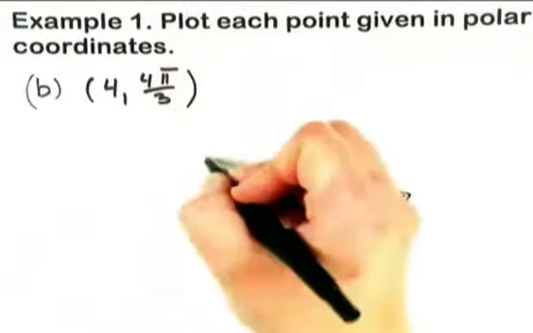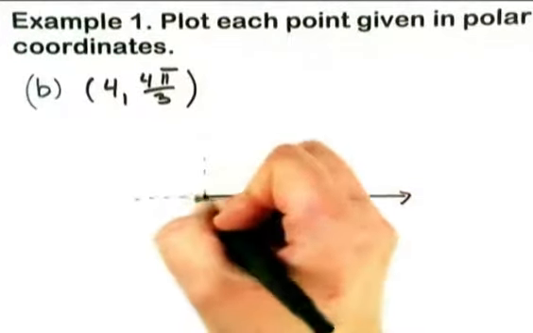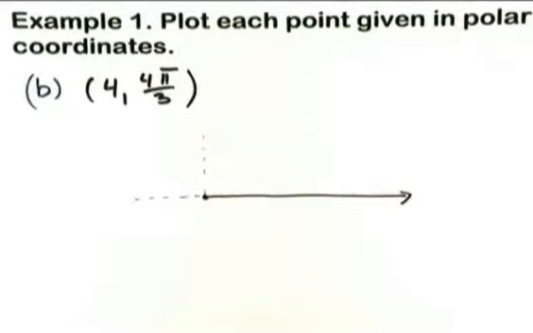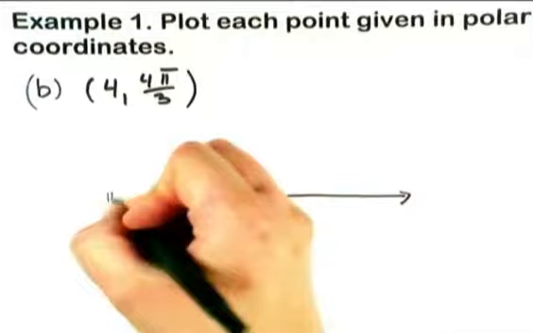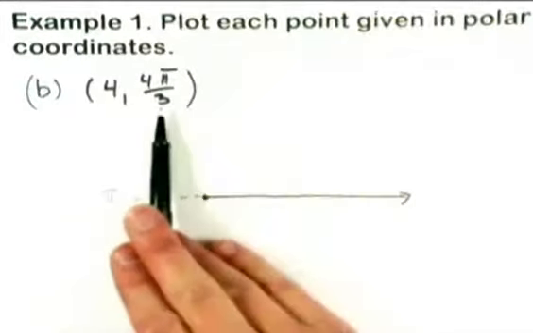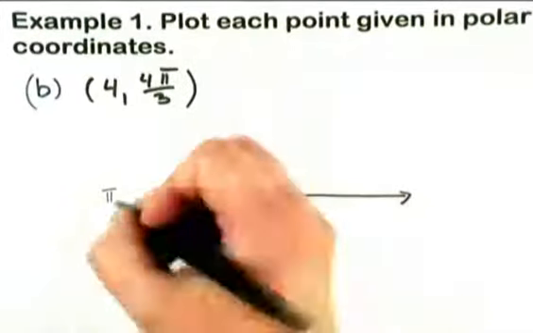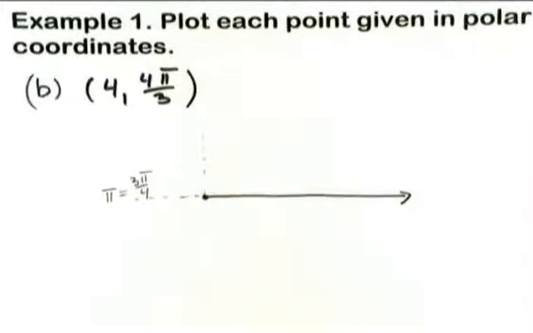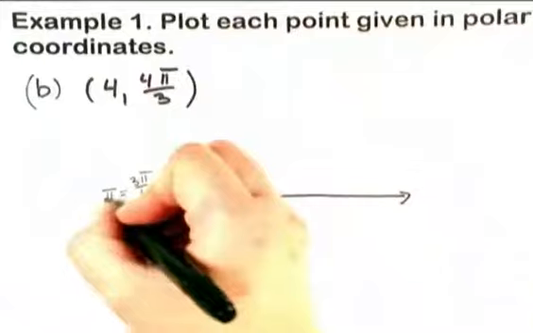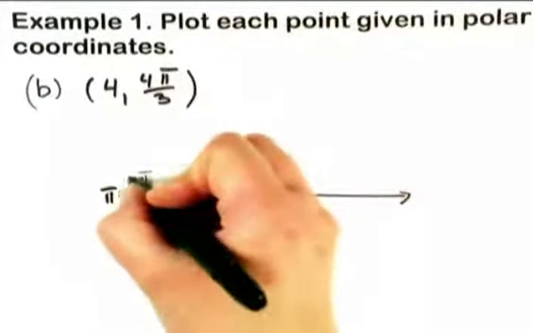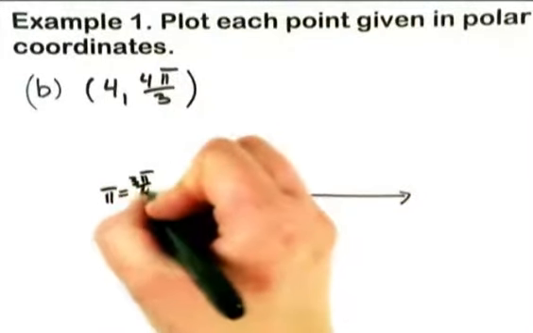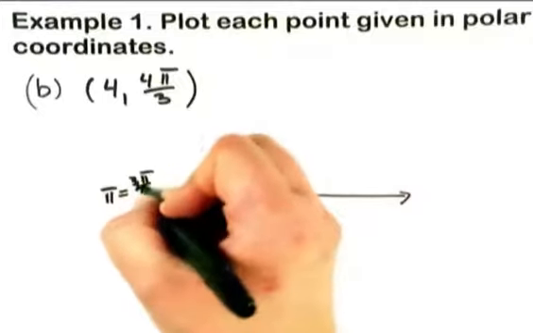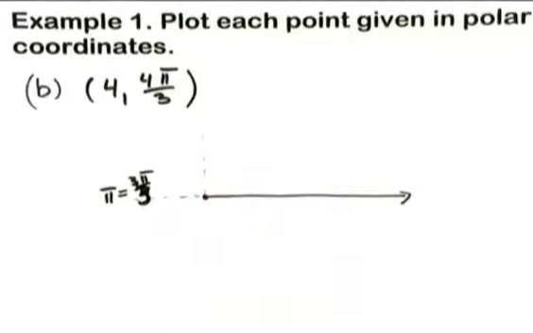So here is 90 degrees, here's 180. 180 degrees in terms of pi is pi, and we are talking in thirds, so pi is 3 over 3, so it's 3 pi over 3, I'm sorry. 1 pi is 3 over 3.